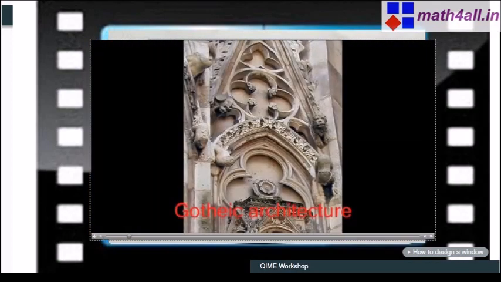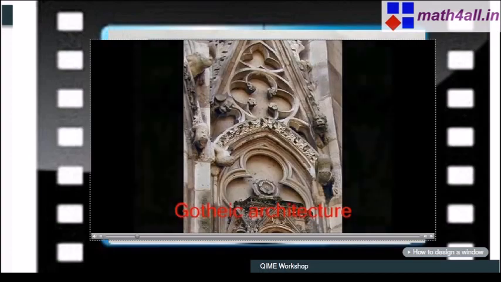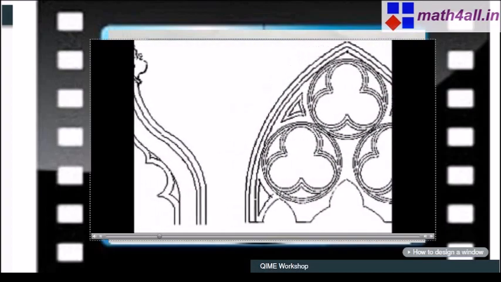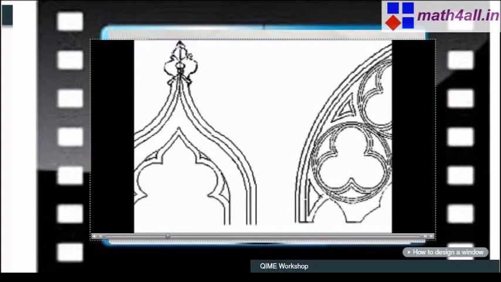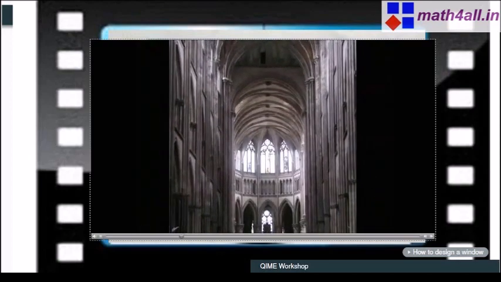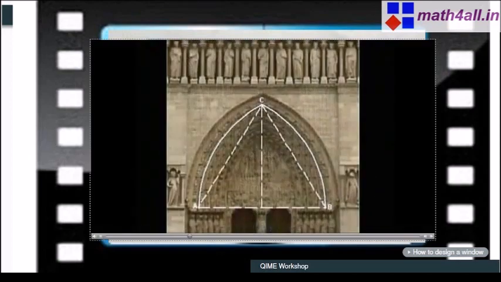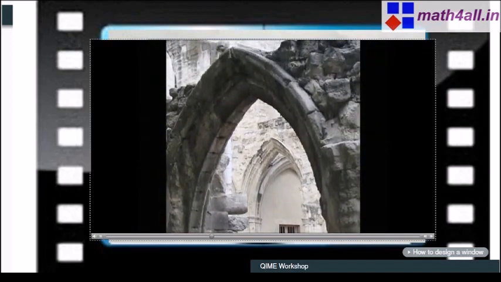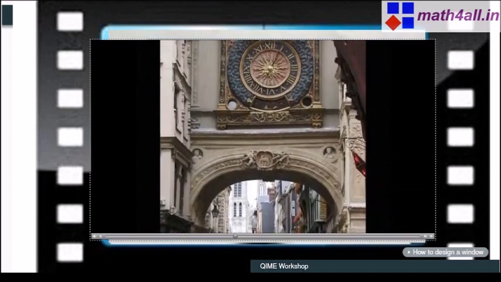In Europe, you will find this architecture very common in old buildings called Gothic architecture. So this is useful in architecture. You can find YouTube videos on it.